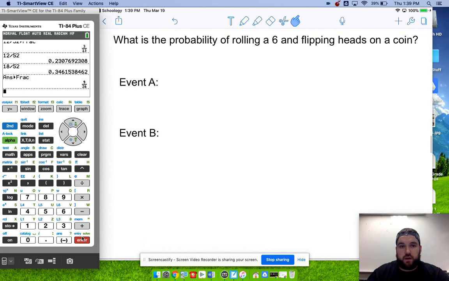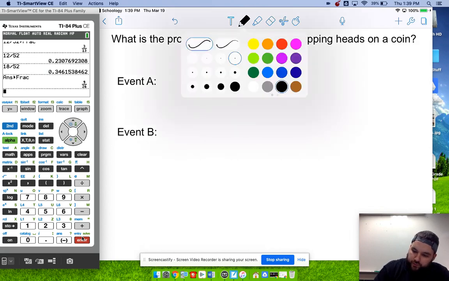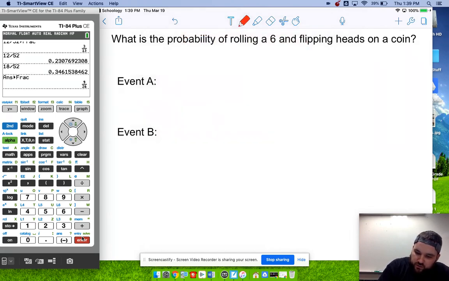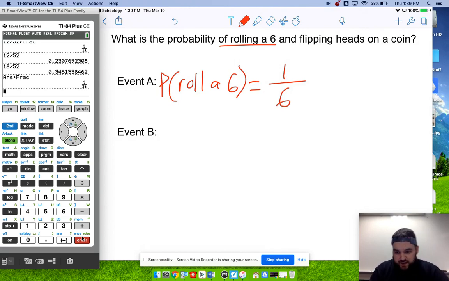So, for example, what is the probability of rolling a 6 and flipping heads on a coin? Well, the first event listed here is rolling a 6. If I roll a die, what's the probability that I get a 6? Well, there are 6 sides on a die, and there's only one side that has a 6 on it.